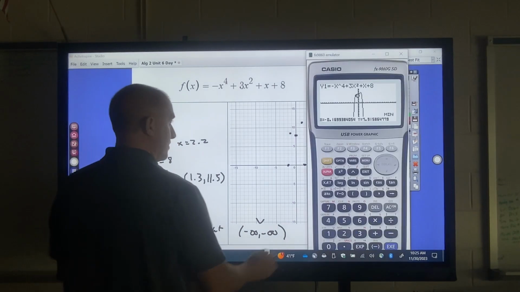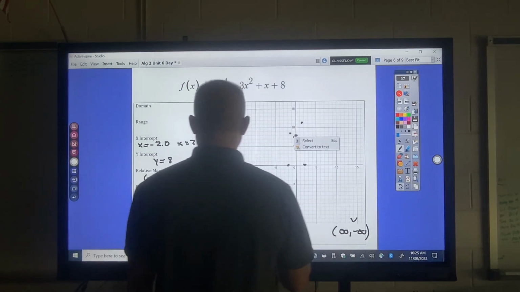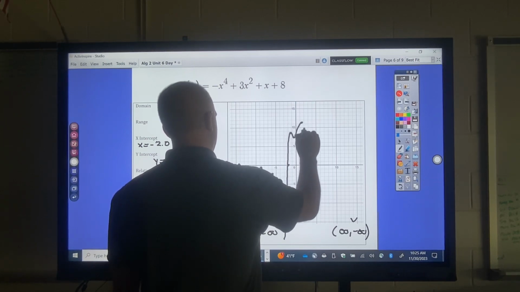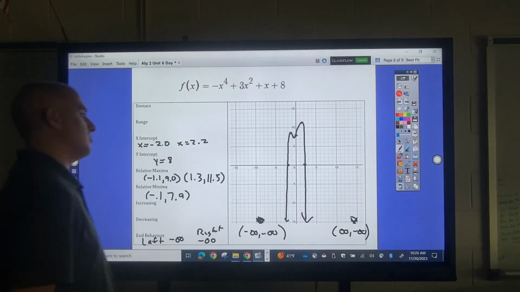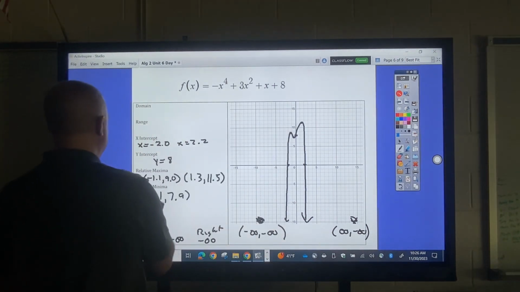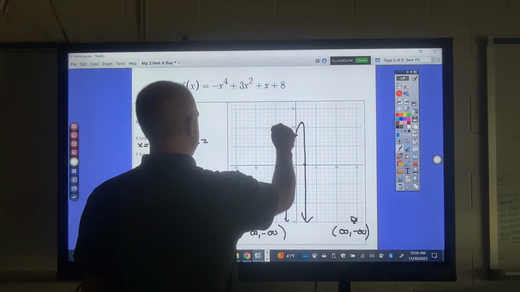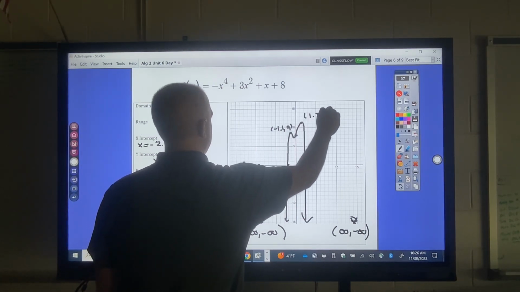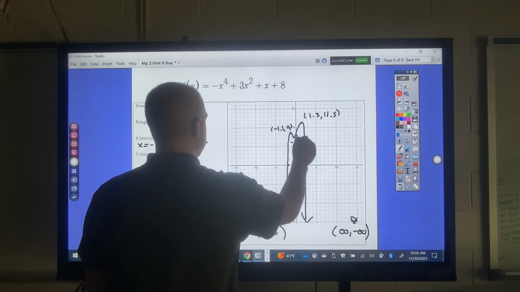I'm going to check for multiple ones of those. So what my graph looks like, it does this. All right, and these are those same, I can just cross out those. I've got those labeled now, okay? All right, and well, I should label this. This is negative 1.19. This is 1.3, 11.5. And then this is negative 0.1, 7.9.